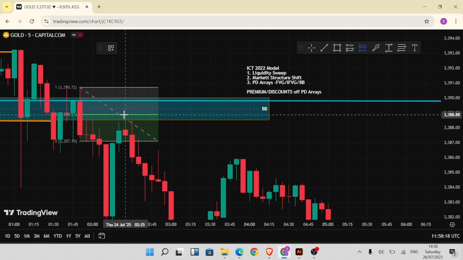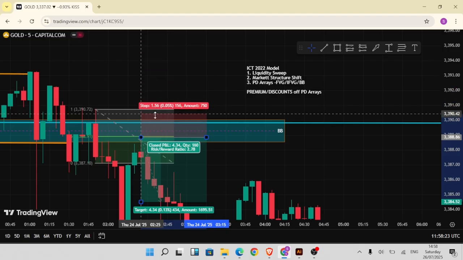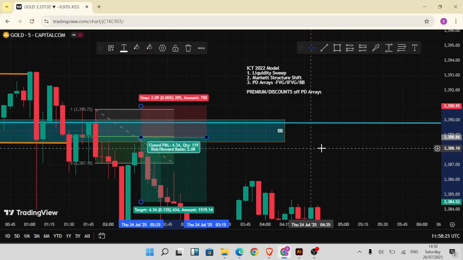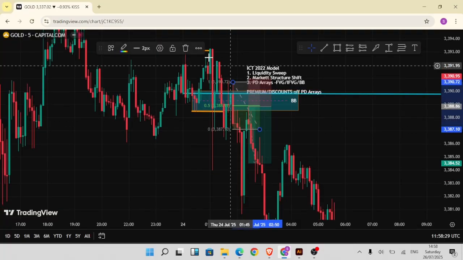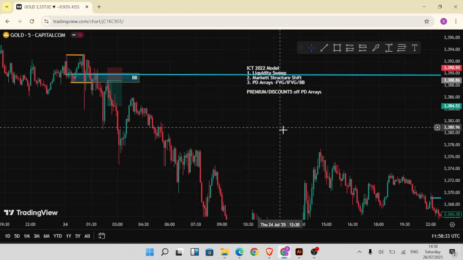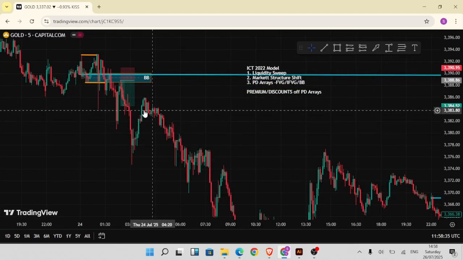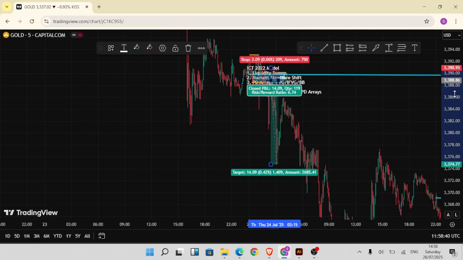right at this equilibrium. We had that entry, stop loss right above this high, and take profit. As I was saying, you can take very high risk to reward, 1 to 4, 1 to 5, 1 to 10.